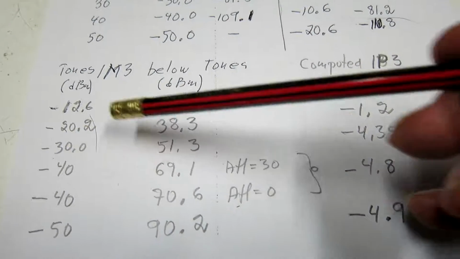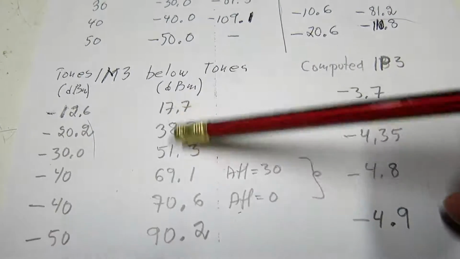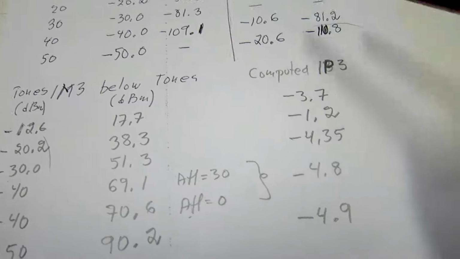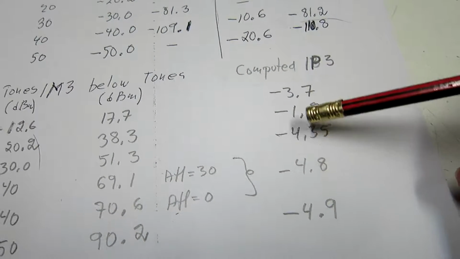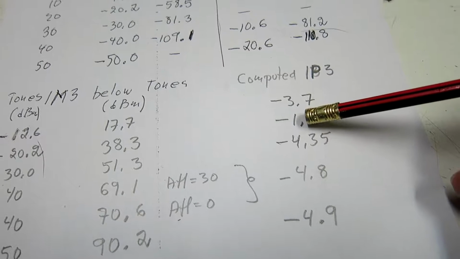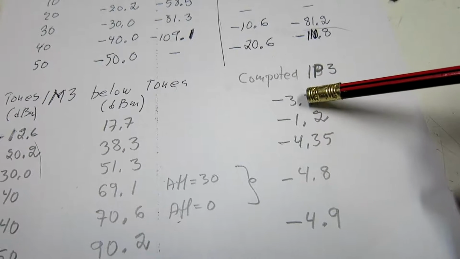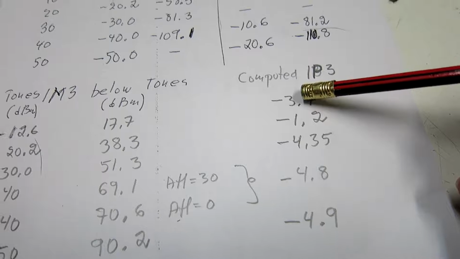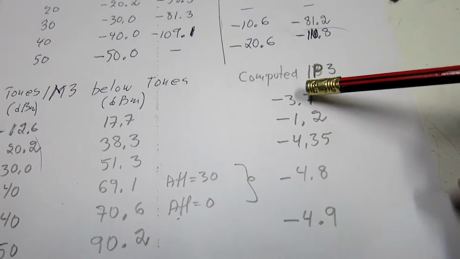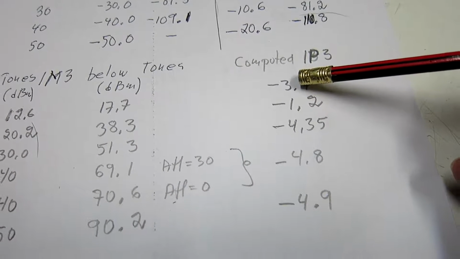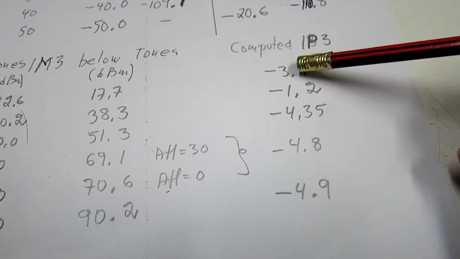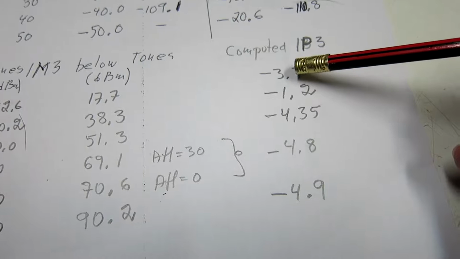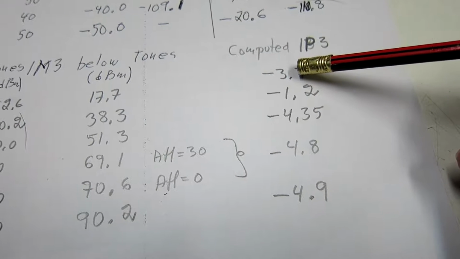Using these columns, this one and that one, I can compute IP3, and at strong signal levels, one should expect somewhat irregular behavior, because IM3 is produced in several different stages in the mixer and in the amplifiers. And the phase relation could be a little bit different.